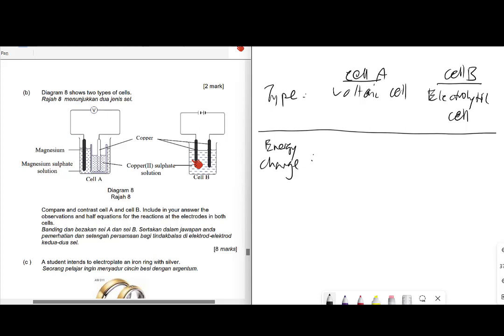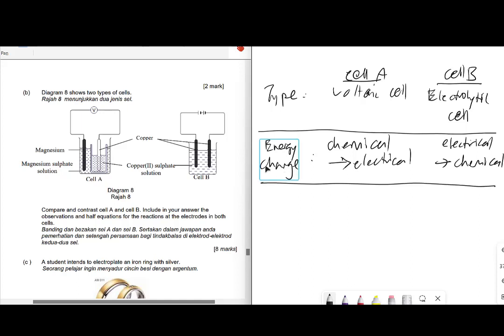So the energy change is from chemical to electrical. While here is the opposite, since I'm using electricity, from electrical I change it to chemical energy. All right, so that is your second change.